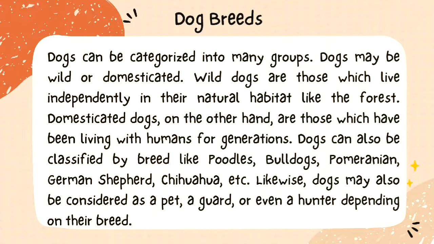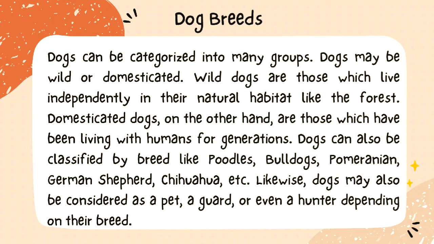Here is an example of a classification text. Let us read. Dog breeds. Dogs can be categorized into many groups. Dogs may be wild or domesticated. Wild dogs are those which live independently in their natural habitat like the forest.